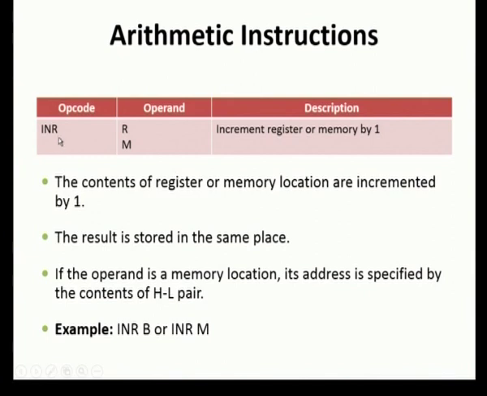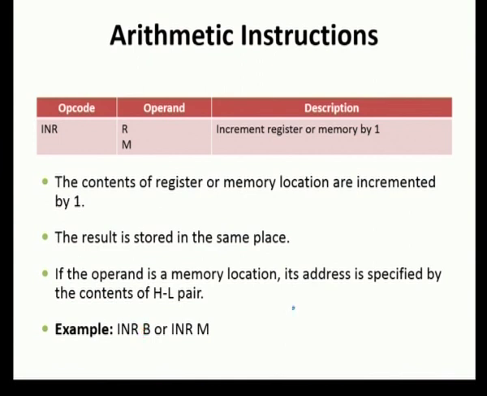Another instruction format is INR, which is used to increase the register value by 1. The content of the register or memory location is increased by 1, and the result is stored in the same register. If the operand is a memory location, its address is specified by the content of the HL register pair. So, INR B means the B register value is increased by 1 and the result is stored in the B register.